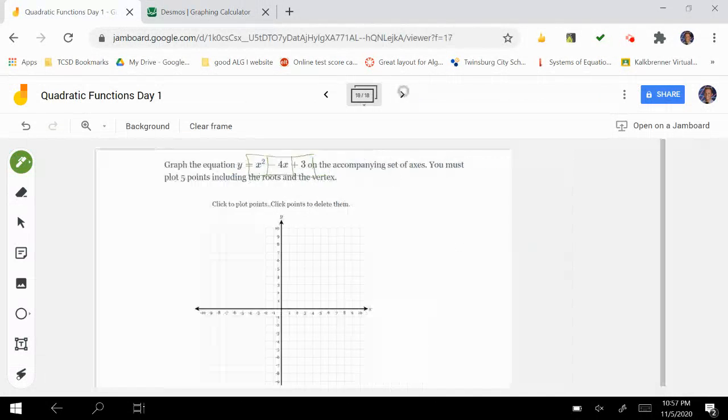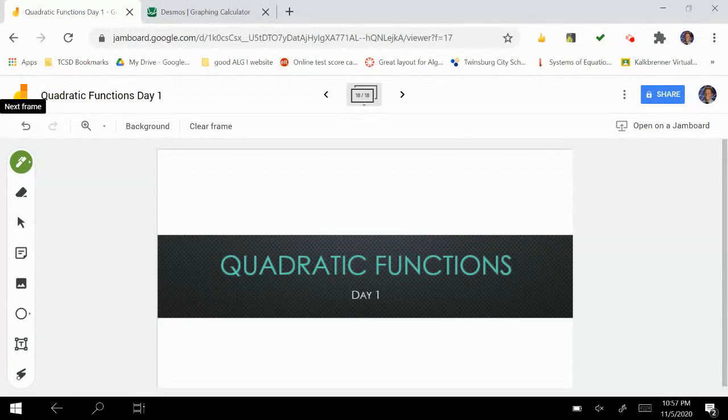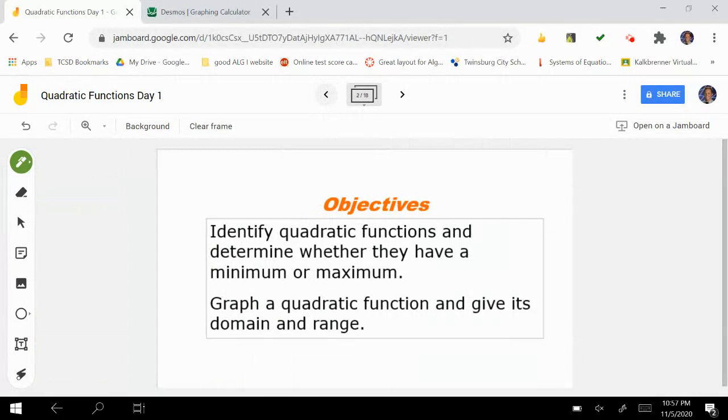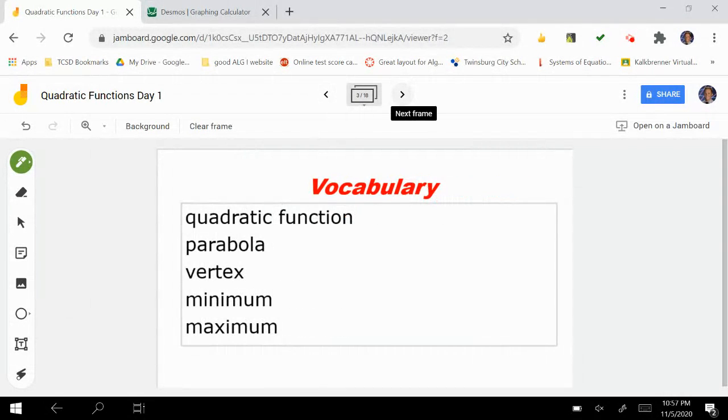Last but not least, my favorite slide is the last slide, which is just to reiterate today's quadratic functions. If we go all the way back to the beginning, let's make sure that we have the objectives: identifying quadratic functions, determine whether they have a maximum or minimum, quadratic functions, domain and range. You can go back to that slide.